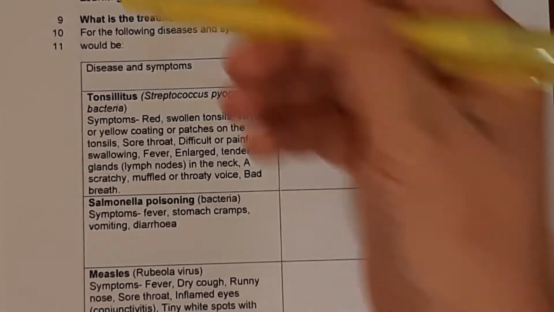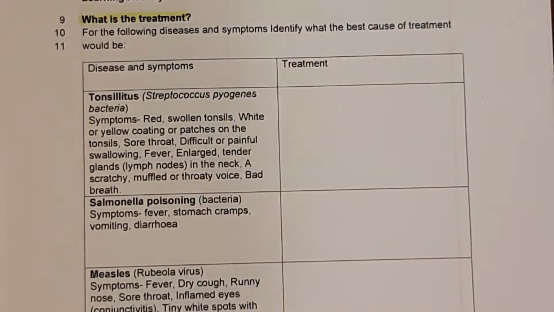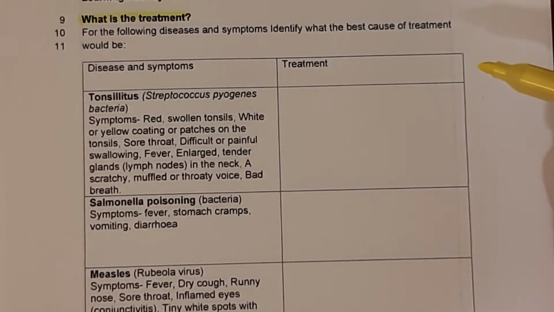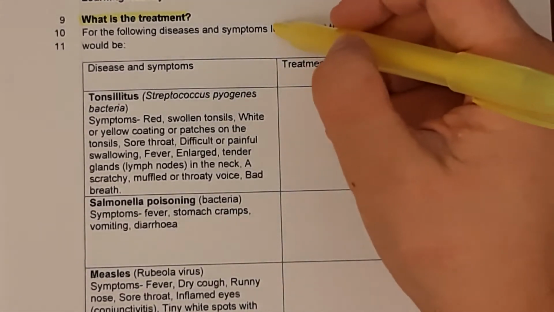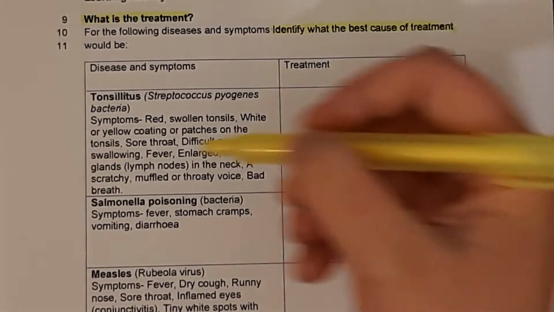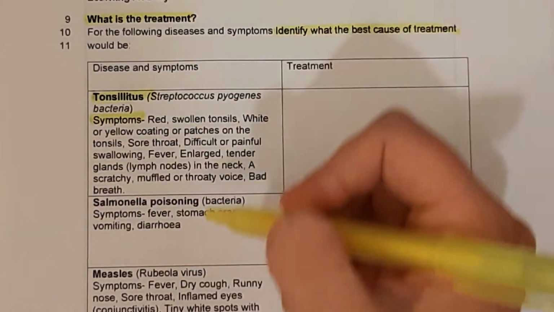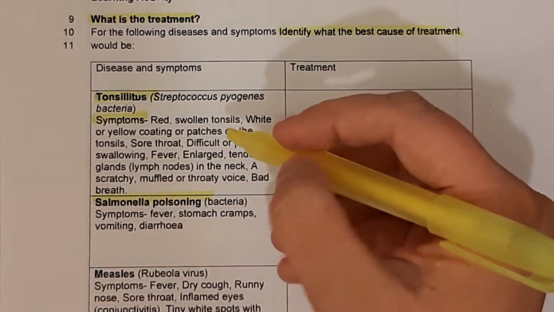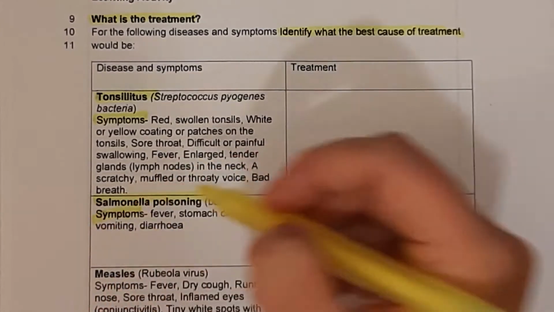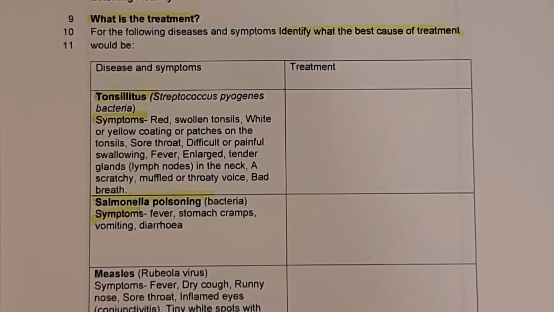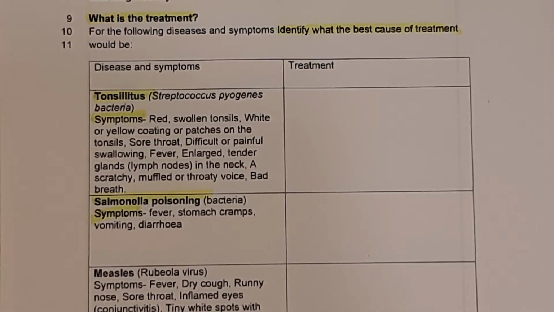So our next task is a research task. What is the treatment? What you're going to do is search for these diseases and the symptoms, and identify the best course of treatment. So you will look up on the internet tonsillitis, and these are the symptoms listed here, salmonella, and those are the symptoms there, and use reputable websites such as the NHS or WebMD or anything where it's clearly a page that is run by either a government or a proper healthcare organisation.